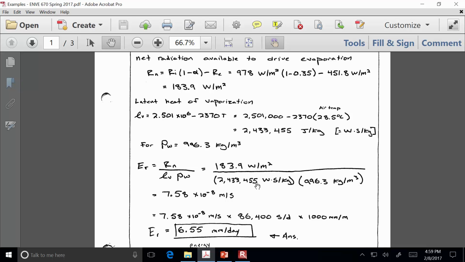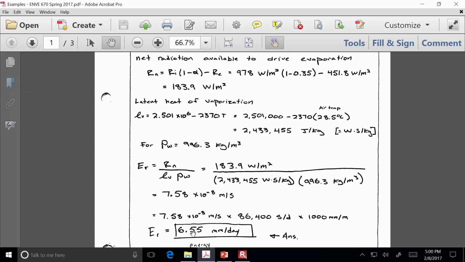If we want millimeters per day, it's easiest to think about this evaporation rate in a daily sense because the numbers are so small when it's just based on meters per second: you can see here 7.6 times 10 to the minus 8 meters per second. But in this case, the 6.55 millimeters per day compares pretty favorably to that average that we saw earlier in the lecture.